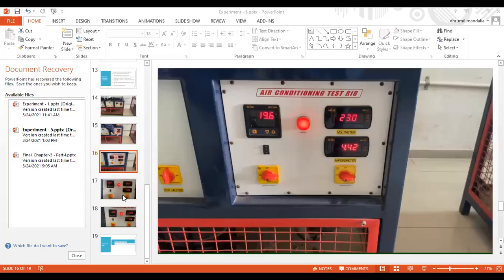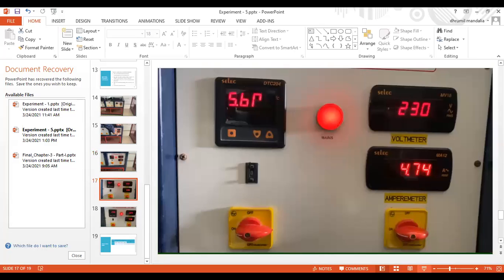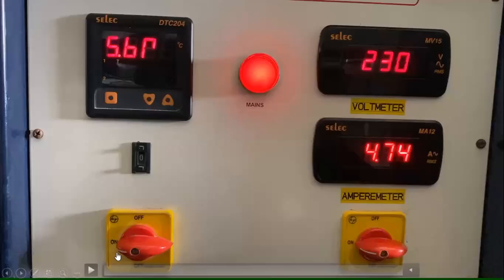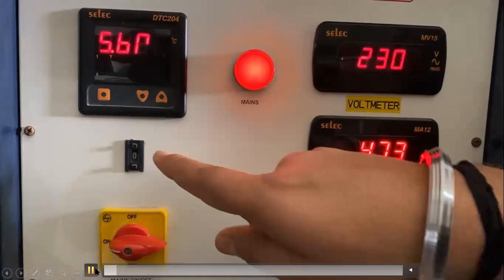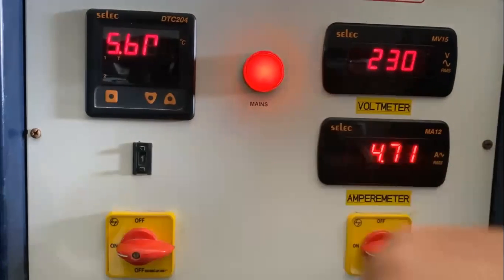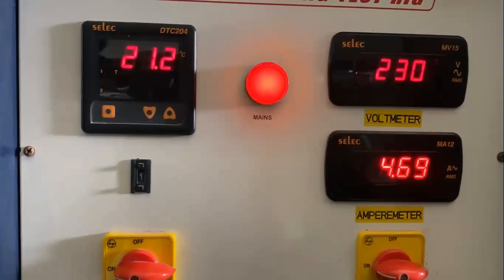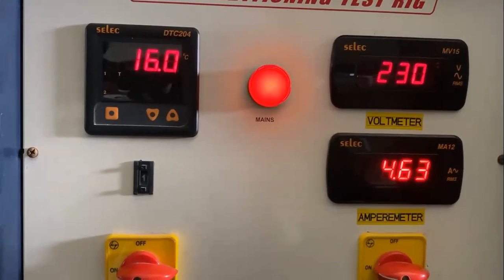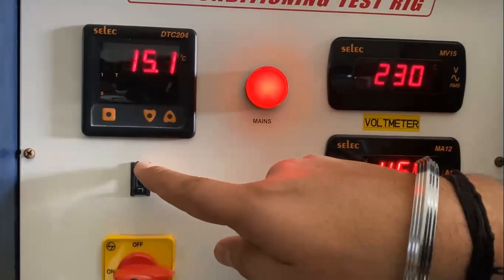Okay, so you can note down the reading of temperature from here. This is the first temperature, 15.4.